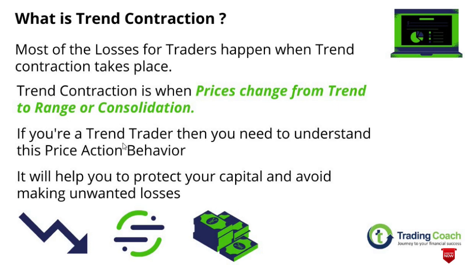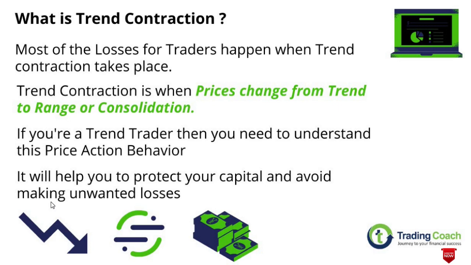If you are a trend trader, then you need to understand this particular price behavior. This price action behavior is very important. And if you can understand the concept of trend contraction pretty well, it will help you to protect your capital, and it will help you to avoid making unwanted losses.